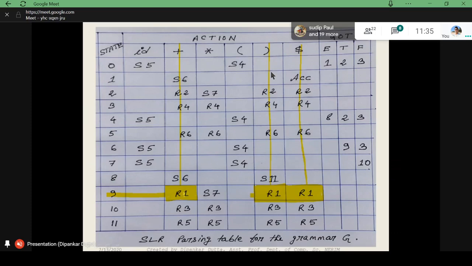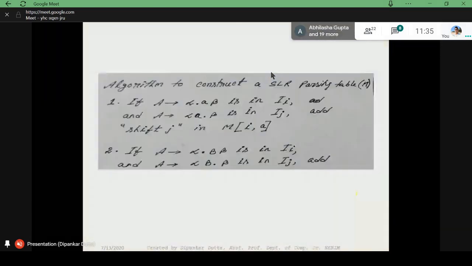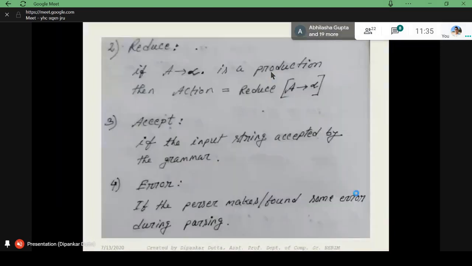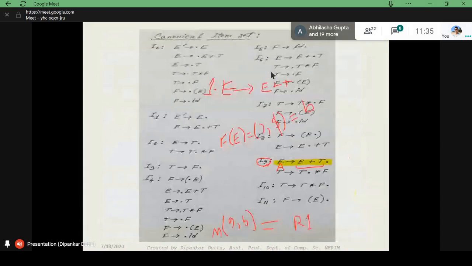In I9 we have one other production, this one: T implies T dot star F. Dot followed by a terminal means we have to go for the first rule, that is shift.